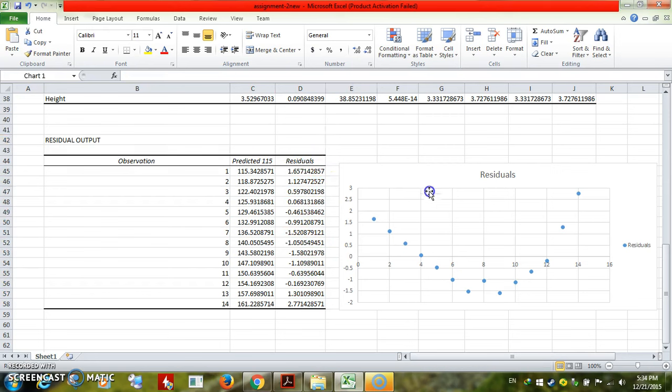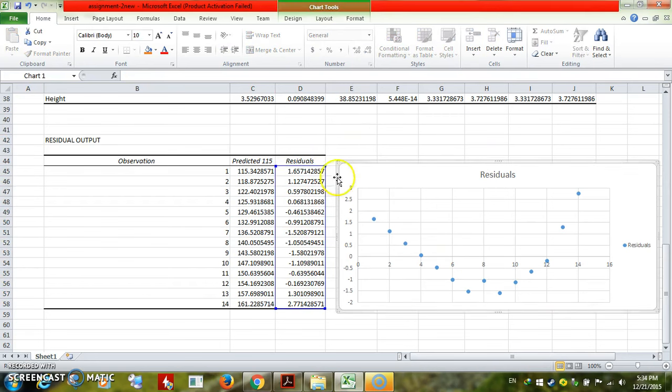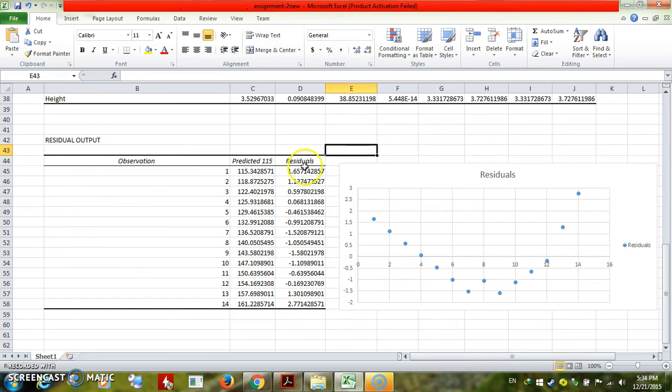And this is the graph for all the residuals for the observations, and it is a curve. So it shows that there is a non-linear relationship between the residuals and the regression analysis.